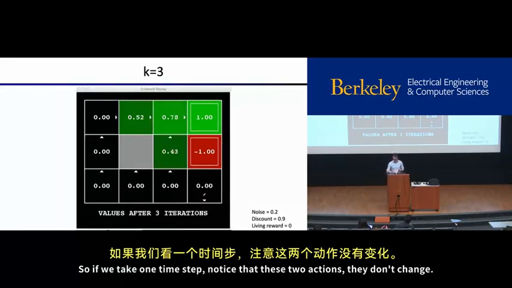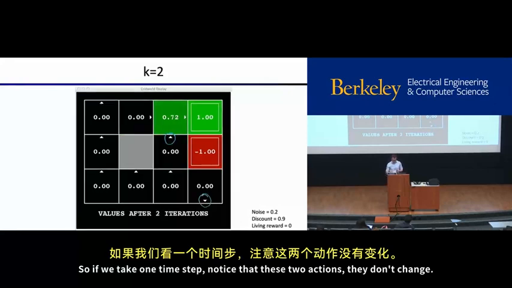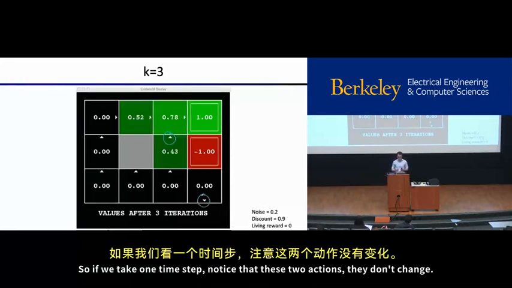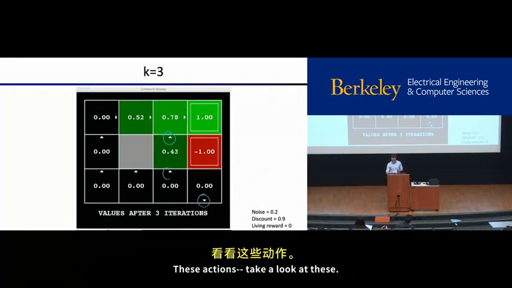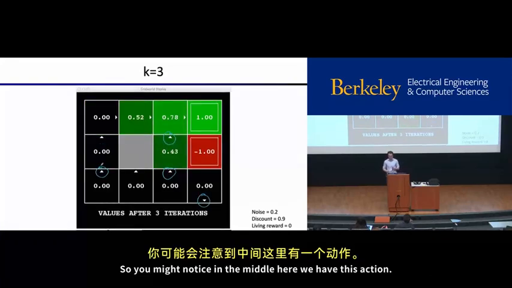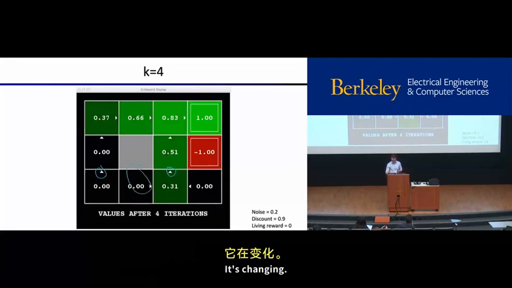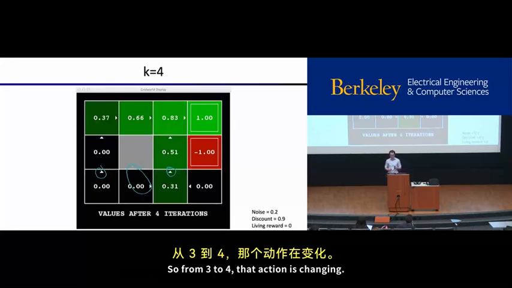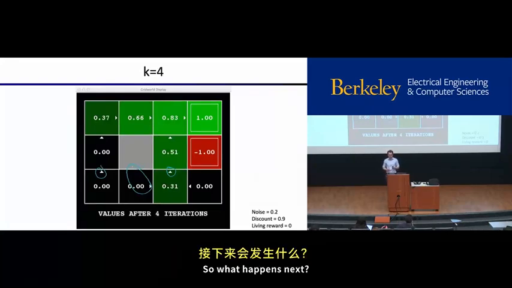So if we take one time step, notice that these two actions don't change, right? Take a look at these. Okay, so now we're looking at these two actions. They don't change. You might notice in the middle here, we have this action. It's changing, right? From 3 to 4, that action is changing. So what happens next?